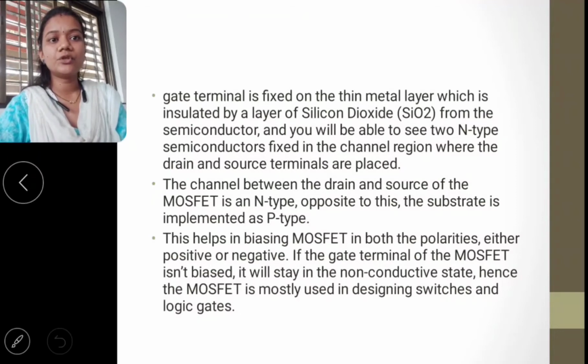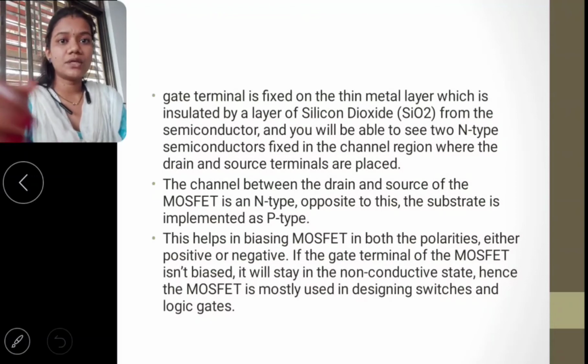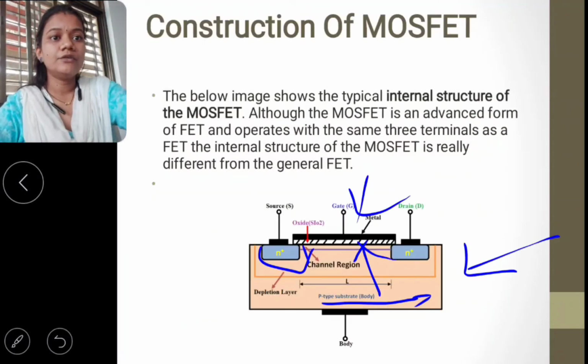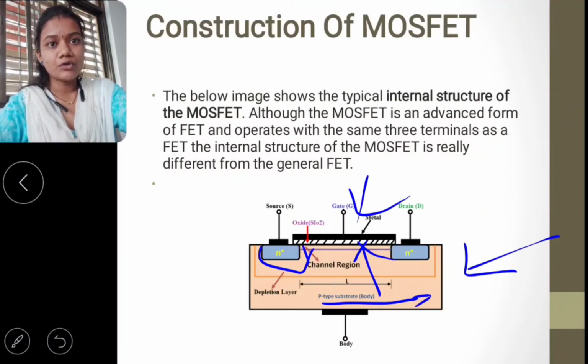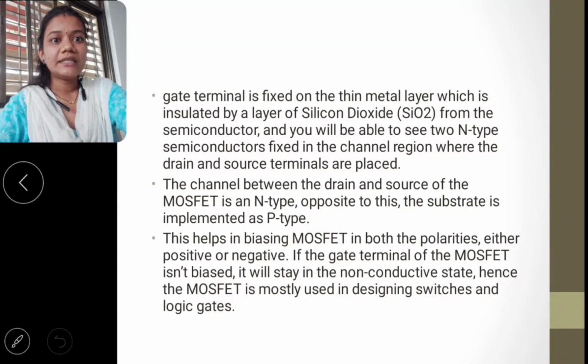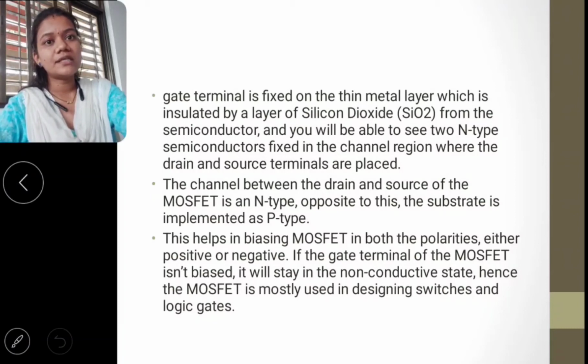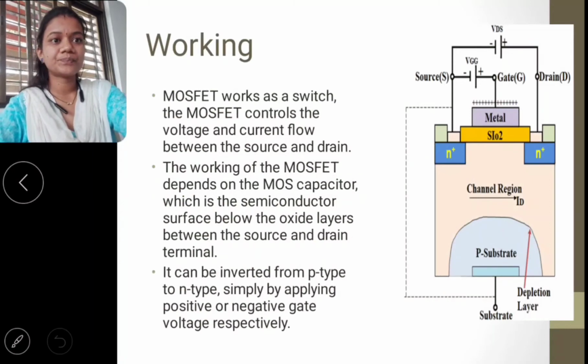If the gate terminal of the MOSFET isn't biased, it will stay in the non-conductive state only. Hence the MOSFET is widely used for designing switches and logic gates.